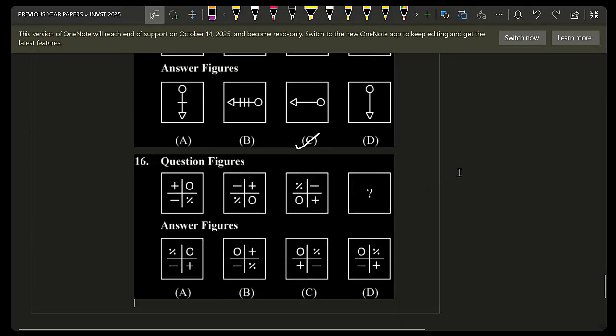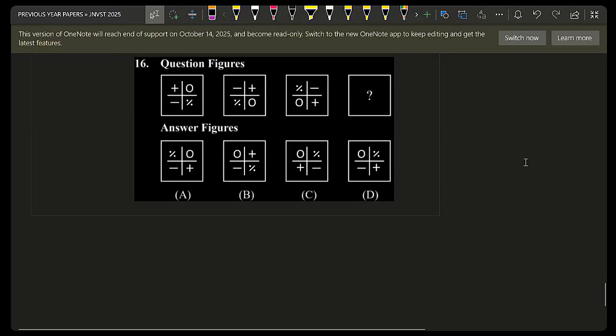Next, 16th one, identify the relation it is changing. So the places are getting shifted. How they are getting shifted? They are going in clockwise rotation. So you can see, first let us concentrate on any one particular figure, like plus going clockwise.